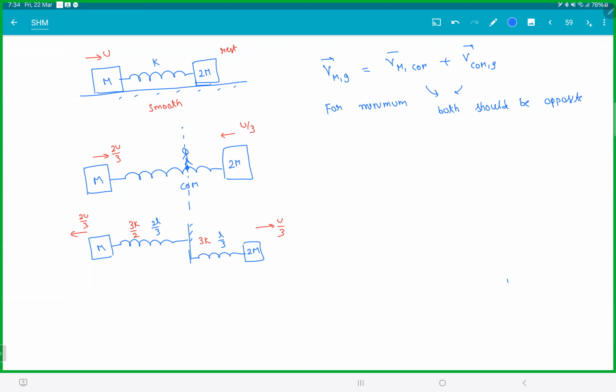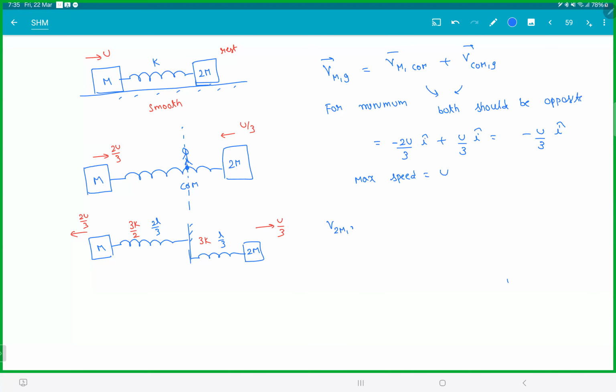And for maximum, both should be in the same direction. So velocity of mass with respect to center of mass is 2u by 3. And that, see, center of mass velocity will never change. That is always constant, u by 3 i cap minus u by 3 i cap. This is your minimum speed. Max speed will be u only, the initial speed. And both are in the same direction.